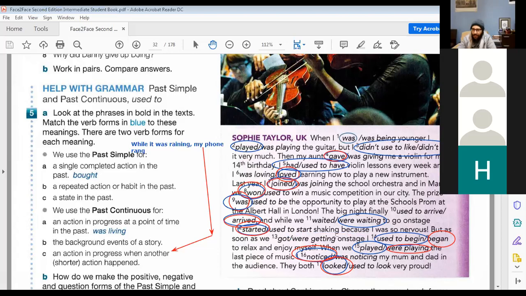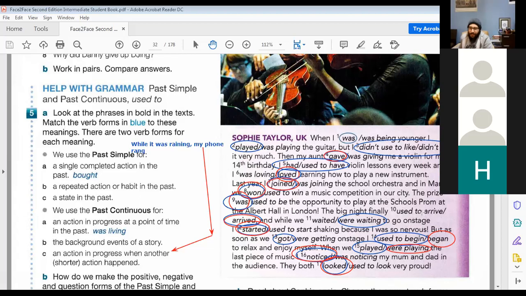Now, before you answer, think about this, because now we're not talking generally. We're talking about a specific day, right? Let me show you where the change happened. The change happened from the big night finally arrived.